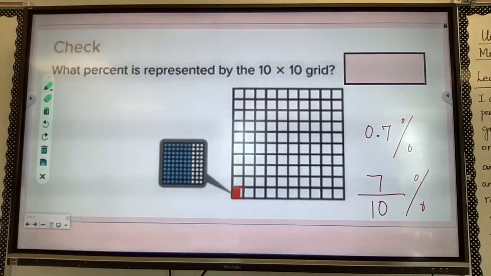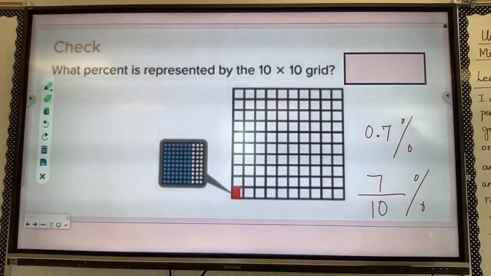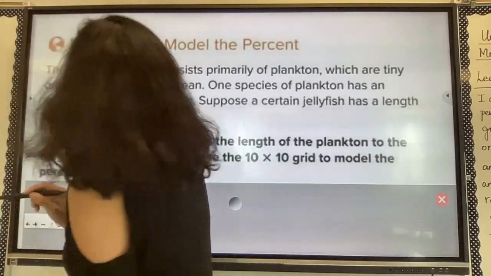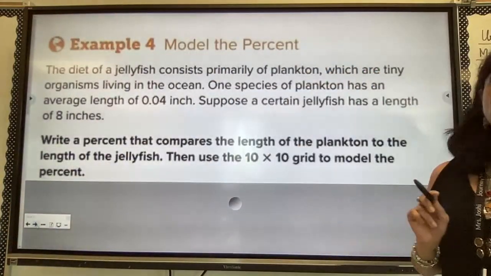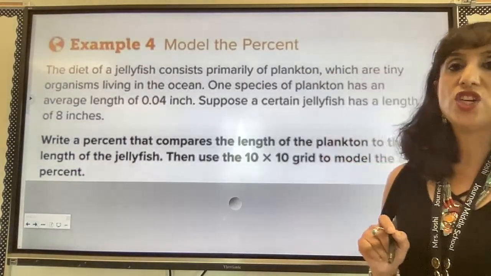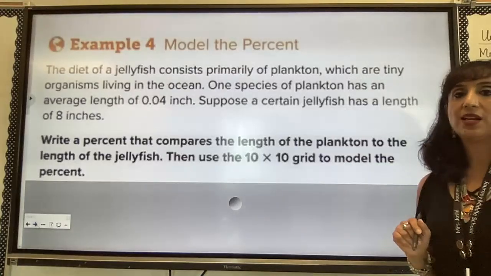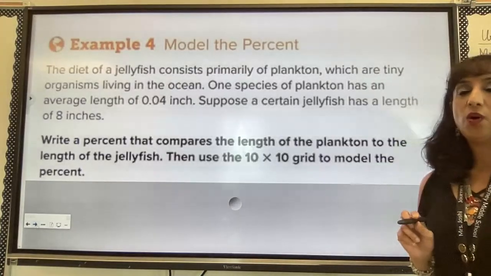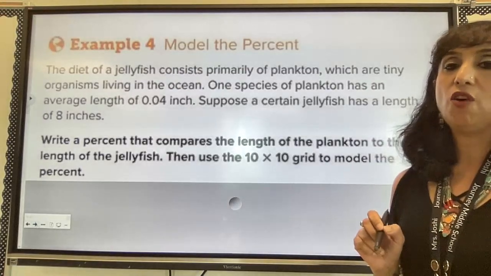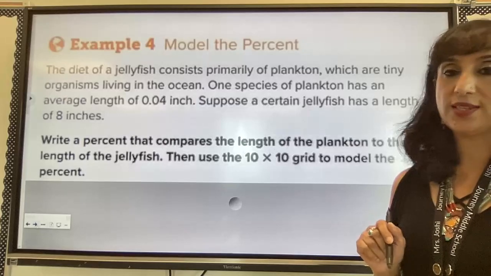All right. Now, let's look at a problem where we are going to represent a percent. The diet of a jellyfish consists primarily of plankton, which are tiny organisms living in the ocean. One species of plankton has an average length of 400 inches.